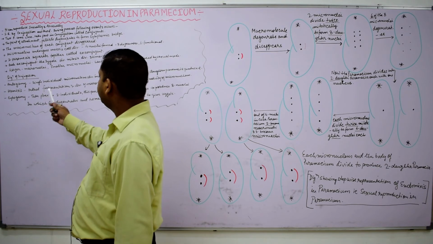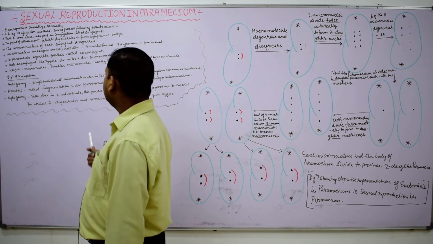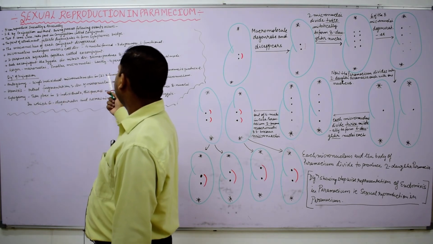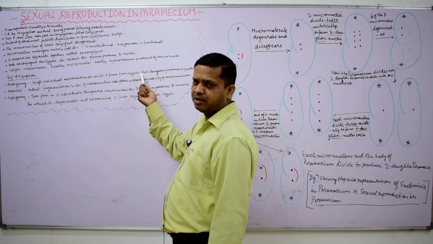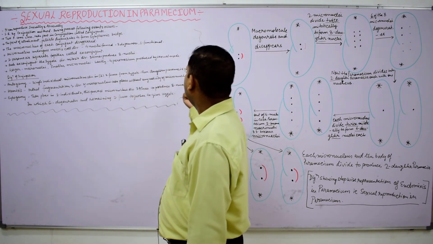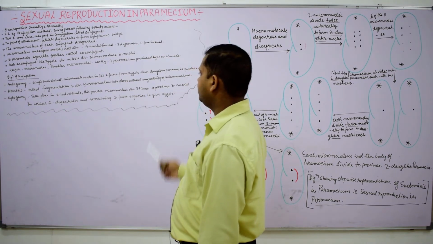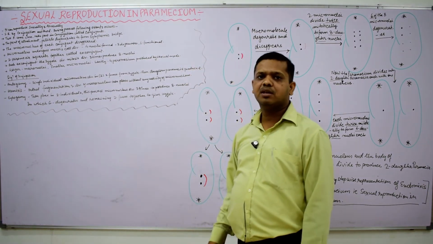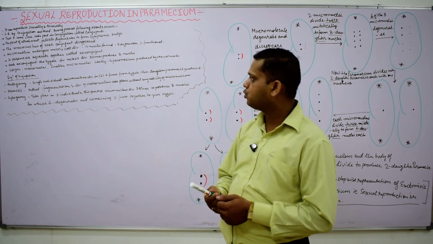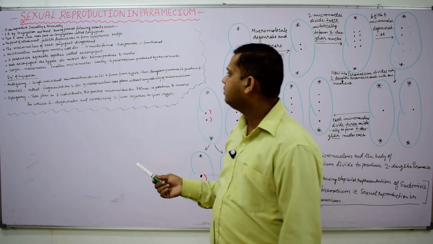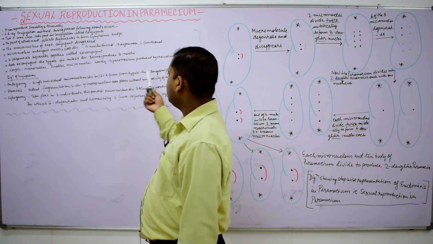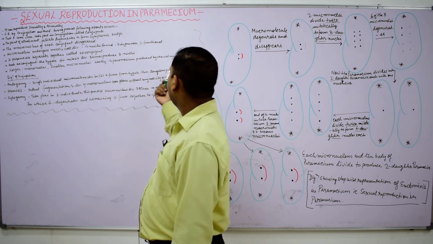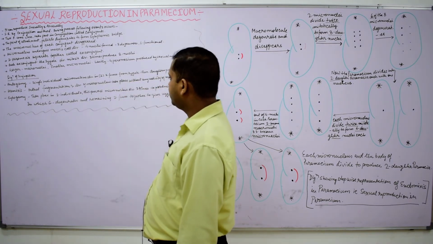In this, the micronucleus of a single individual divides in 2 and fuses to form a zygote, and then daughter paramecia are produced. Autogamy means auto is self, gamy is fusion.